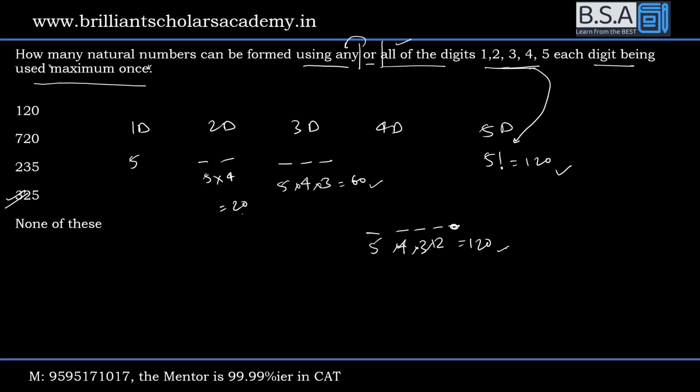I can use any or all digits. At most once. I cannot repeat them. Repetition is not allowed. Any or all digits I can use out of the given 5.